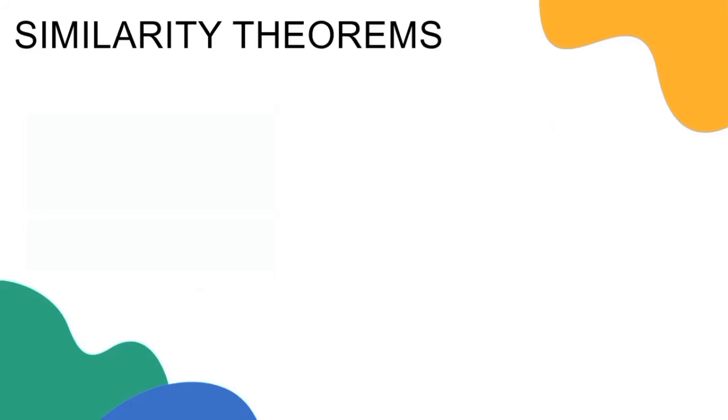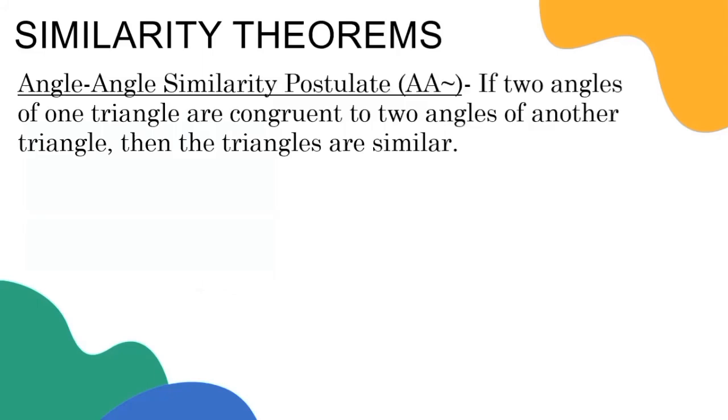The first one is the AA similarity postulate. It says here that if two angles of one triangle are congruent to two angles of another triangle, then the triangles are similar. That is why we have in one of the definitions of similar triangles that their corresponding angles must be congruent.